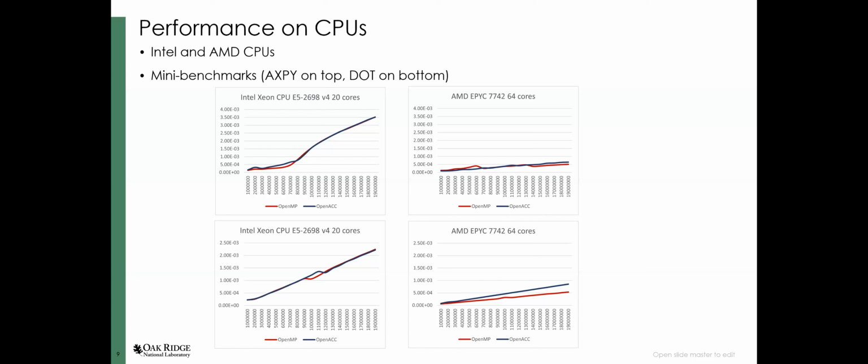We see the time for the OpenMP backend and the time for the OpenACC backend. What we can see is that OpenACC provides very competitive performance with respect to OpenMP on 2 different architectures. For parallel for, I'm doing AXPY on top, and also for parallel reduce on bottom.